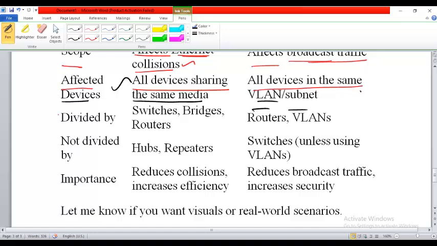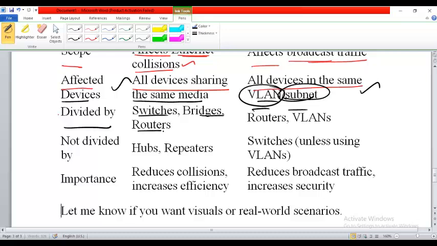The collision domain is divided by switches, bridges, and routers, but not by the hub. A hub never divides the collision domain. There is only one collision domain in a hub, whereas in switches, bridges and routers, each port has a separate collision domain. What about the broadcast domain? Each port of a router is a broadcast domain.